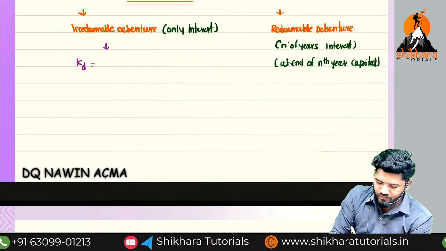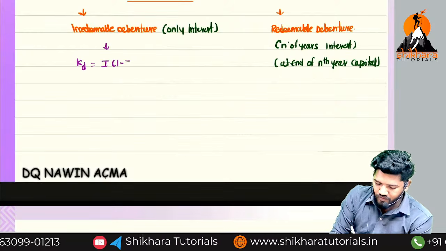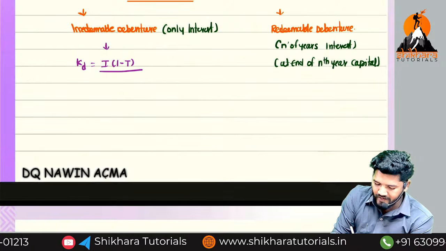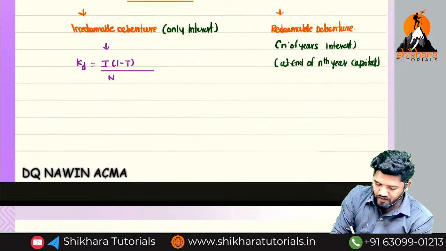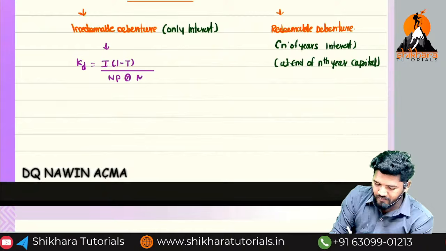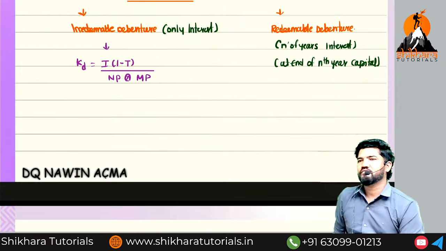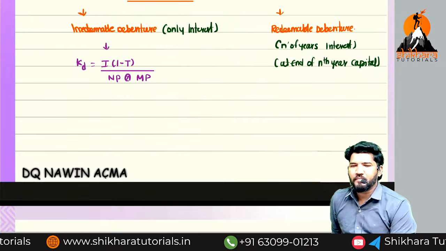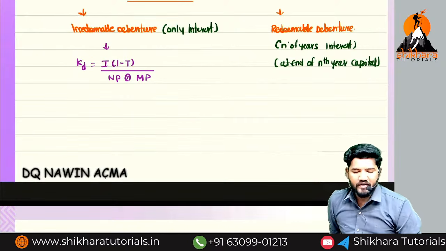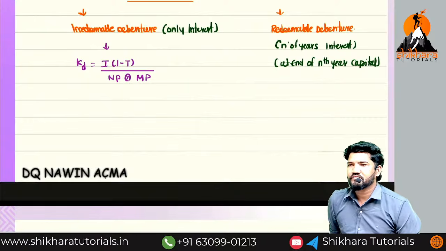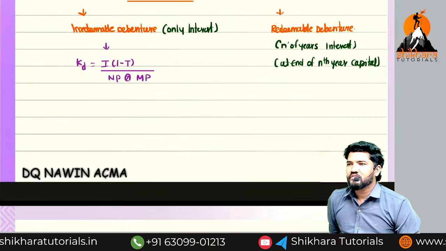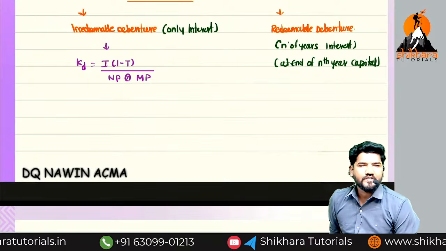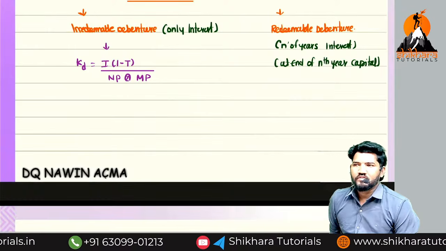Kd equals interest times (1 minus tax) divided by net proceeds or market price. Why are they deducting tax? Why after tax?